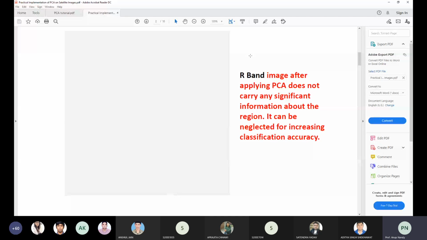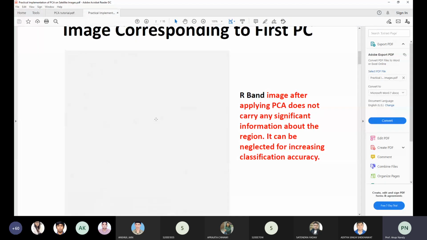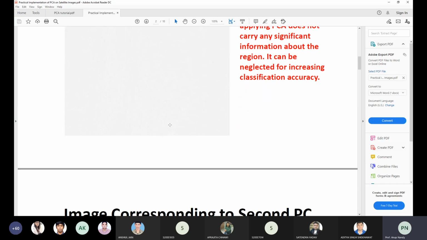So these dimensions may be neglected. In classification, based on the Bayes decision rule that we have already seen, it takes redundant information, or not much information, because you cannot find the variance in those particular images. So you may neglect it to increase the classification accuracy.